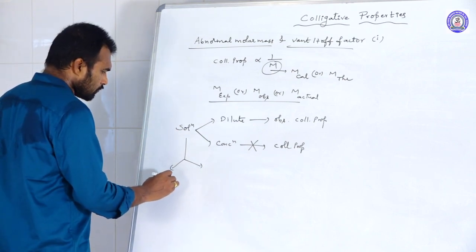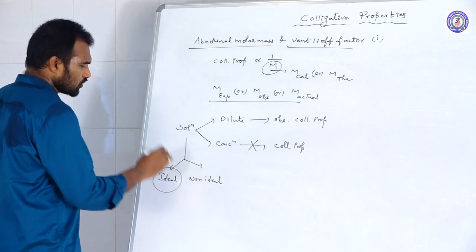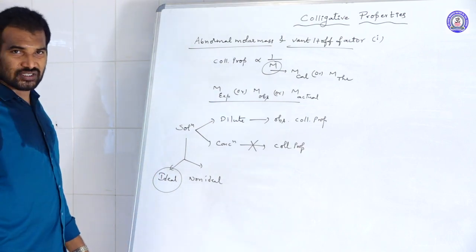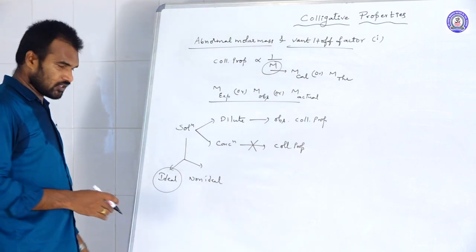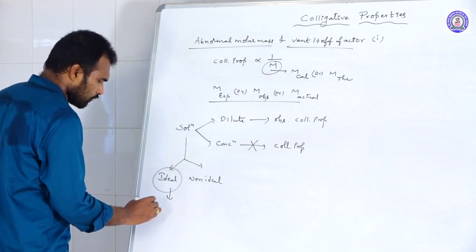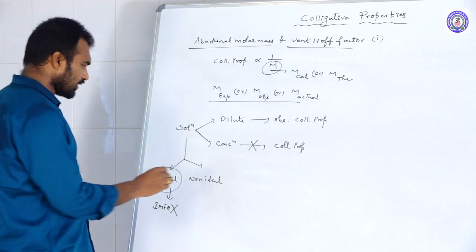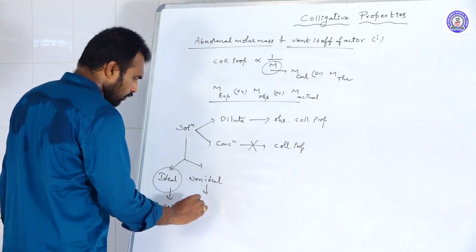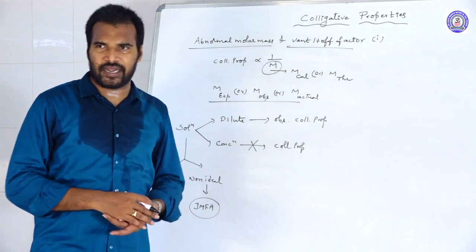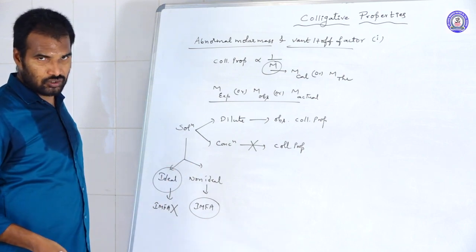In ideal solutions the intermolecular interactions are weak or almost nil, that is why they obey Raoult's law. Whereas if there are intermolecular forces of attraction, they may contract or expand, so they do not obey Raoult's law. Those are non-ideal solutions.